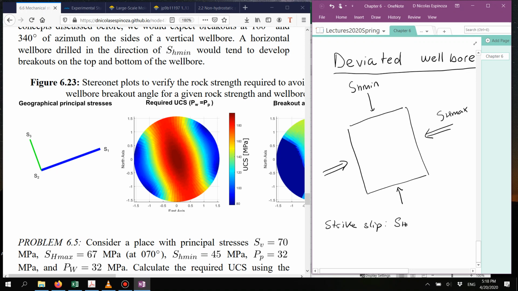Therefore, the highest stress is SH max, intermediate is SV, and the least principal stress is SH min.